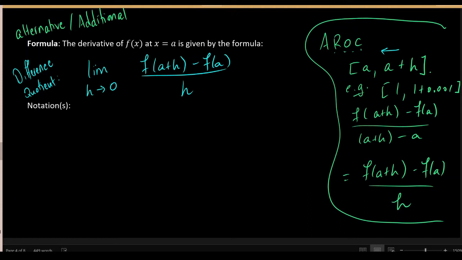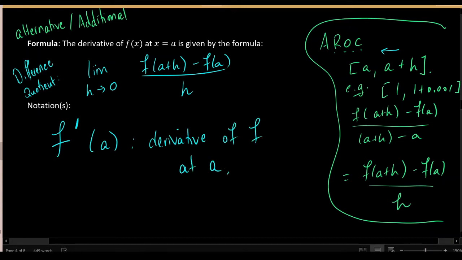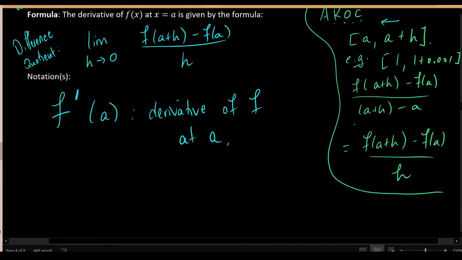The derivative at x equals a is most commonly represented by the letter f, and then a big apostrophe, and then parentheses a. This is the derivative of the function f at a, the instantaneous rate of change of the function at a.